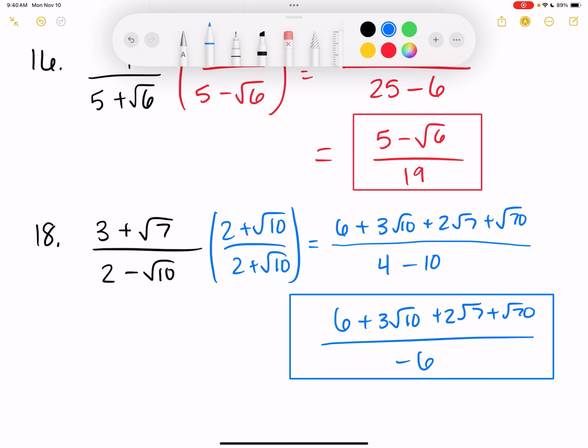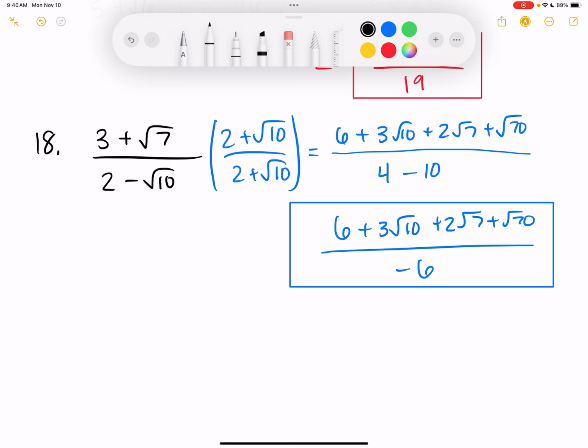Solve the equation. 22. S squared equals 169. So, to solve this, I take the square root of both sides. When I do that, I get two answers. Isn't it 13?